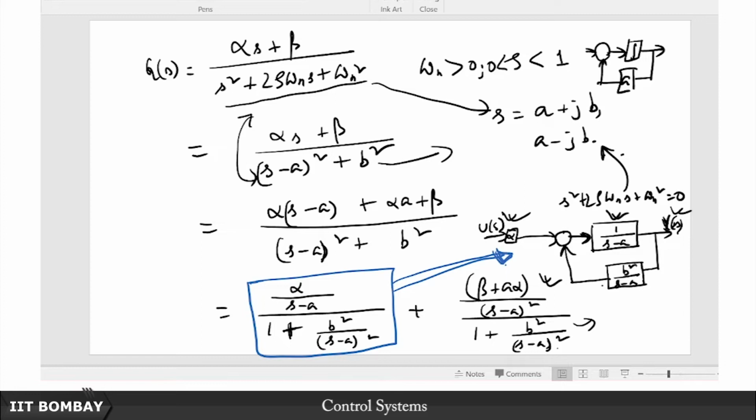Now you see, what if I took this u here, and instead of taking the output from here, I took the output from here?